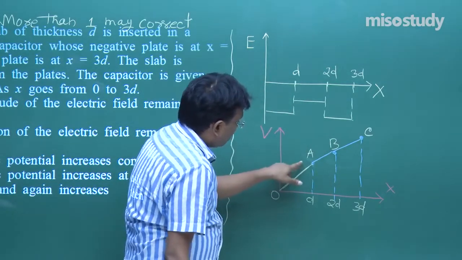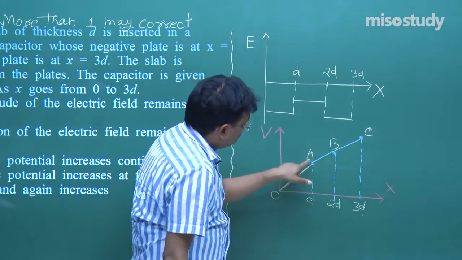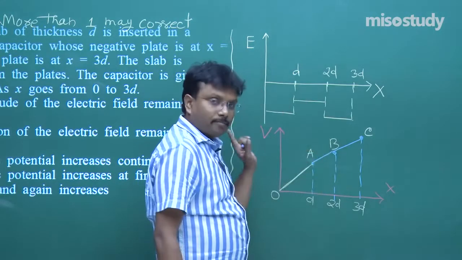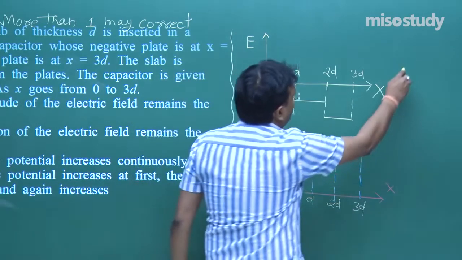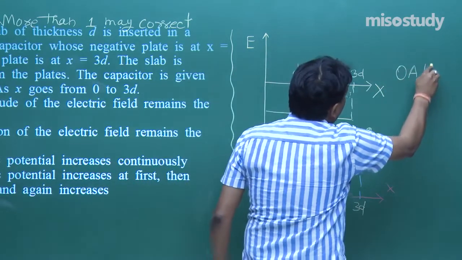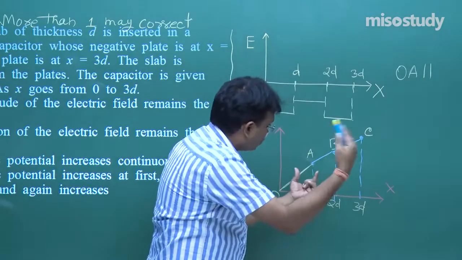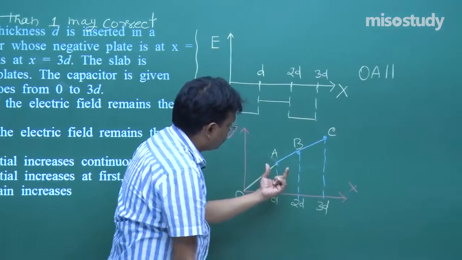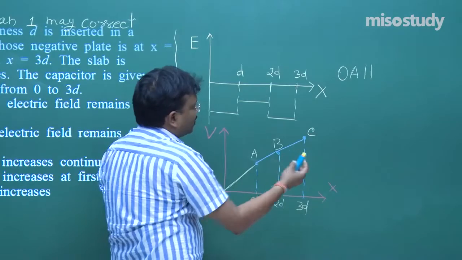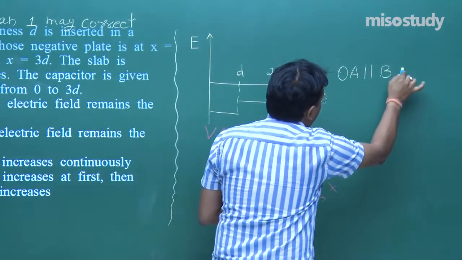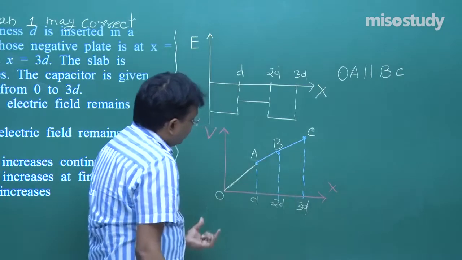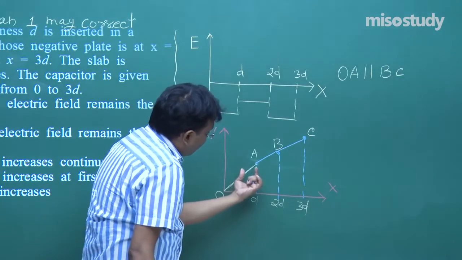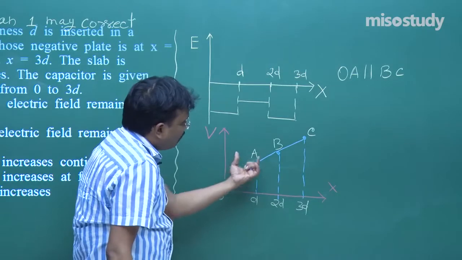OA is parallel to BC, okay. OA and BC are parallel. If it is not visible from this diagram because I am drawing it freehand, some variation is possible, but the situation is like this. OA is parallel with BC, and slope of OA is greater than slope of AB.